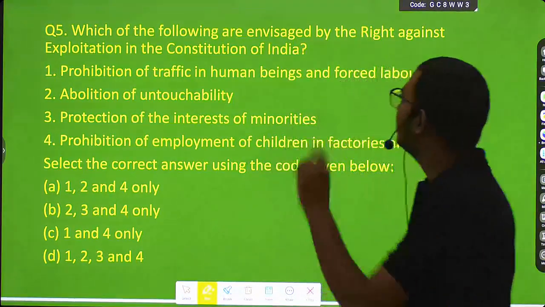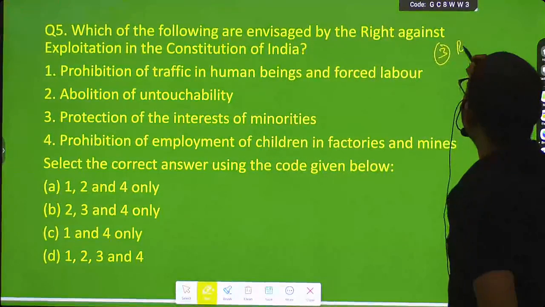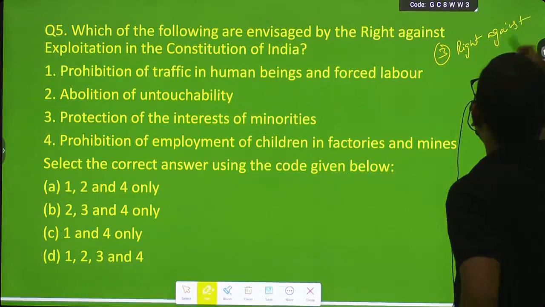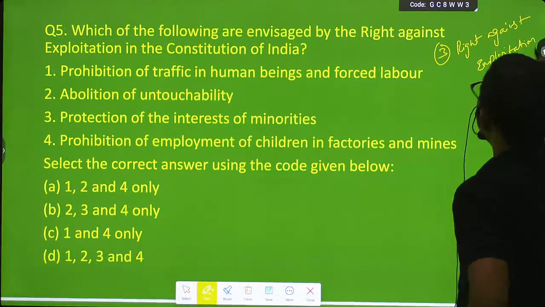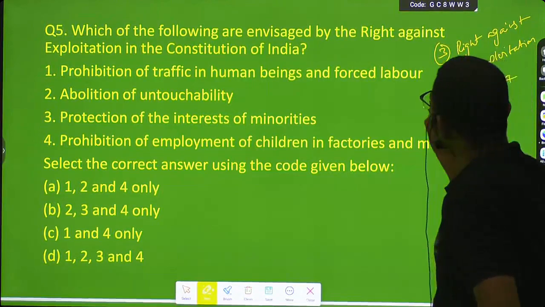Out of 6, he is asking about right against exploitation, which means third right. So article 23 and 24. What is article 23?